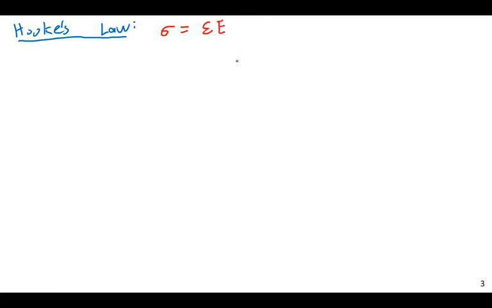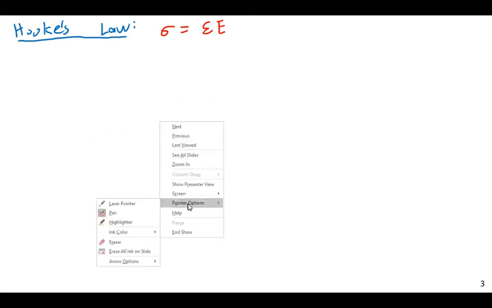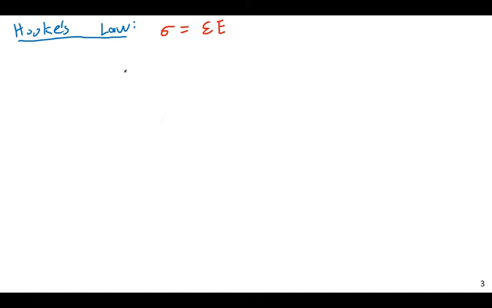Sigma equals epsilon times capital E. But if I interpret this as a function, I can say sigma as a function of y equals E times epsilon of y.